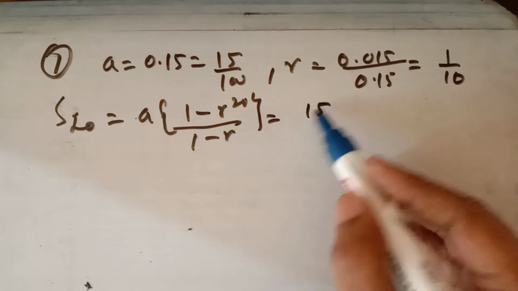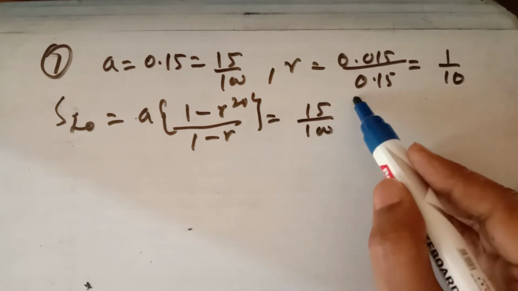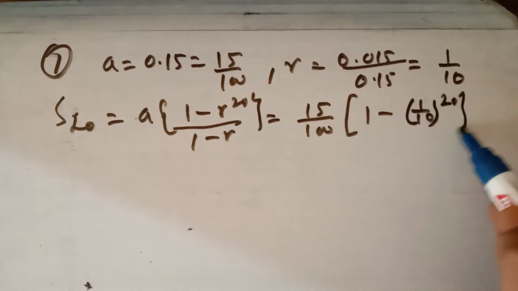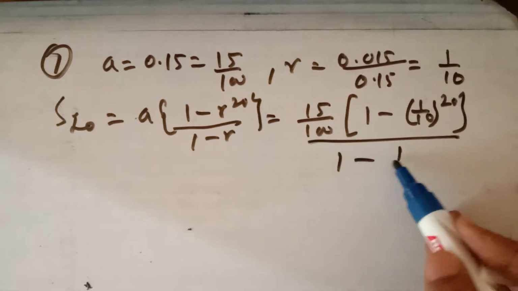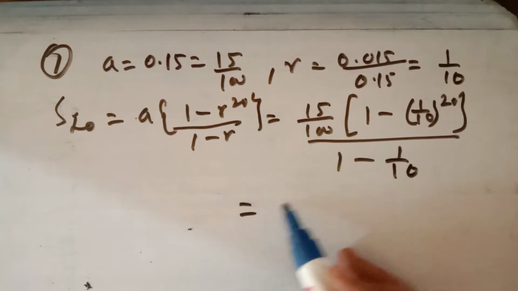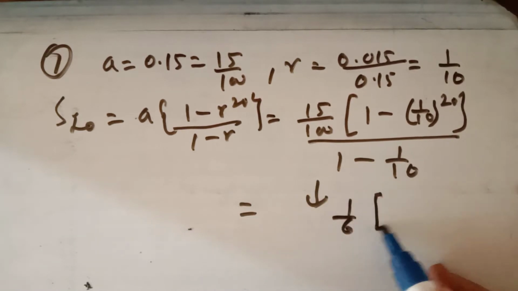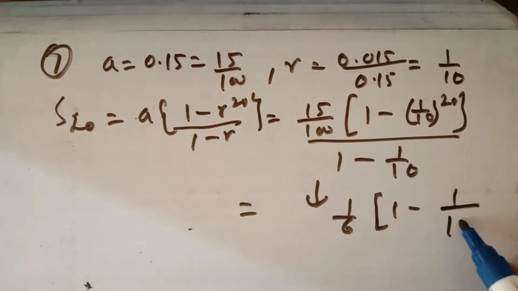So 15/100 times (1 - (1/10)^20) upon 1 - r, that is 1 - 1/10. When you simplify it, you'll get 1/6 (1 - (1/10)^20). This is the sum of the first 20 terms of this GP.